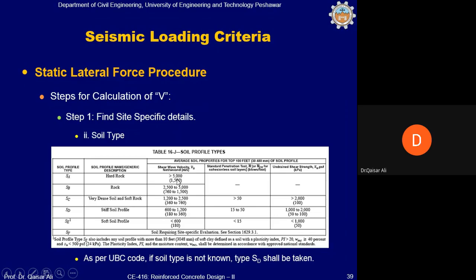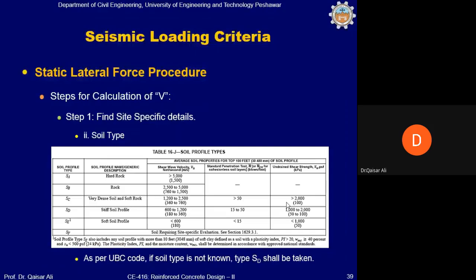So if you are able to determine shear wave velocity, you will be able to determine your soil type. Similarly, with SPT, you can also determine your soil type, and undrained shear strength can also give you some information about the soil type. So after conducting a soil test, you will be able to determine your soil type.